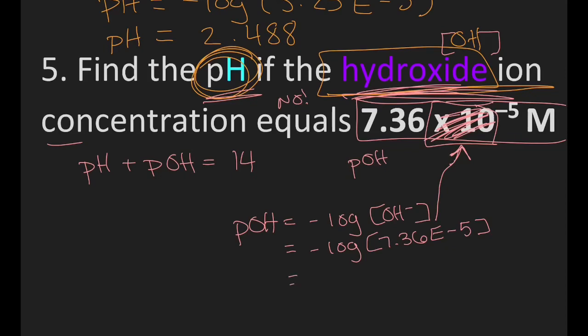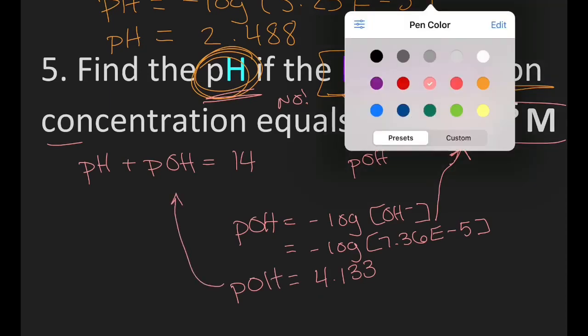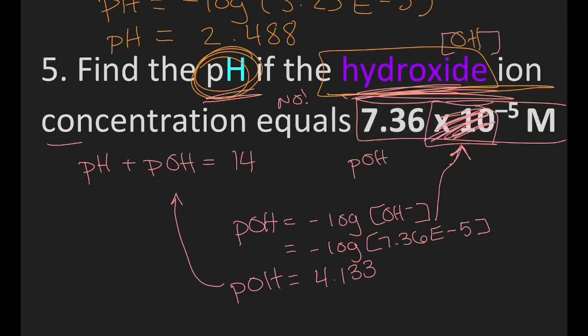Once you punch that into your calculator, you find your pOH to be 4.133. If that is my pOH, I can now find my pH. So pH plus 4.133 equals 14.